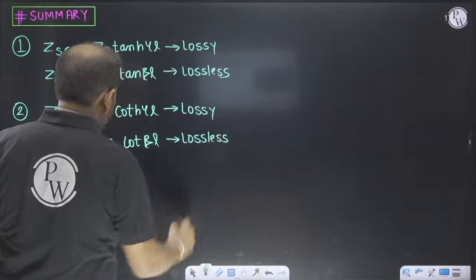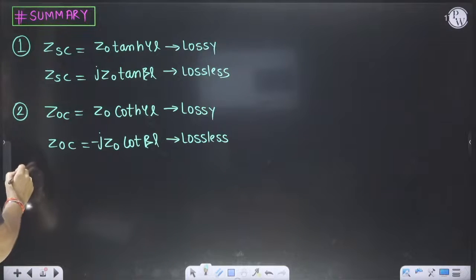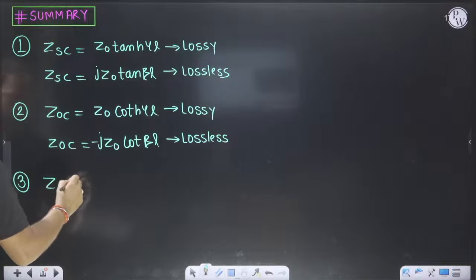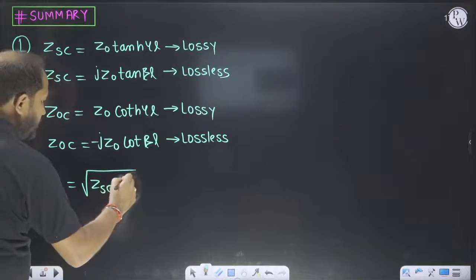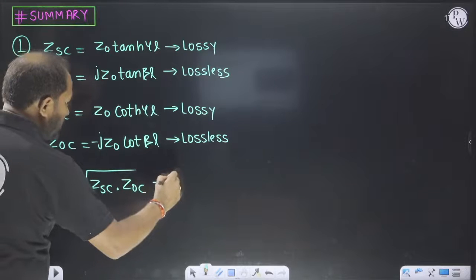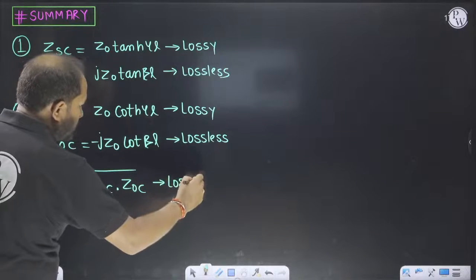Third thing you have to remember: Z0 is equal to the square root of ZSC into ZOC. It is for lossy and lossless both.